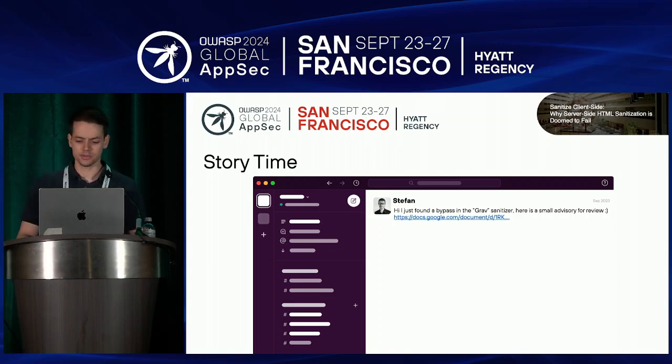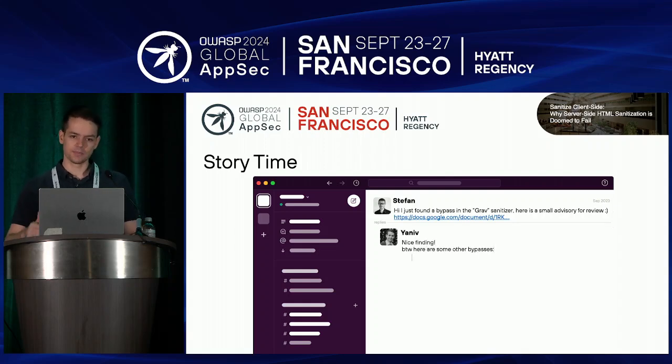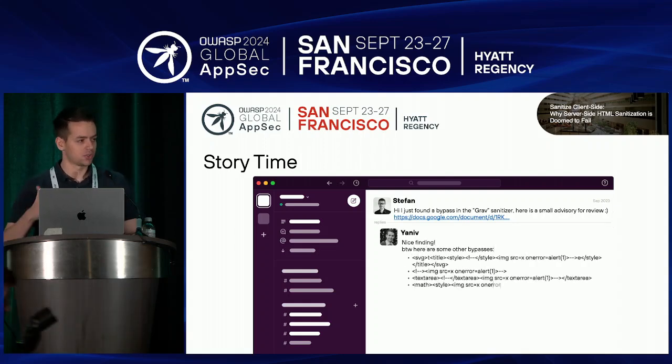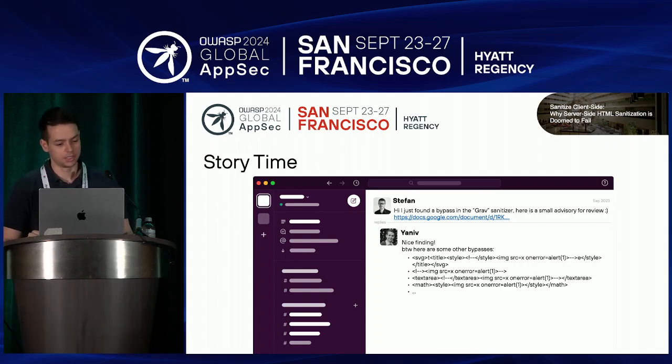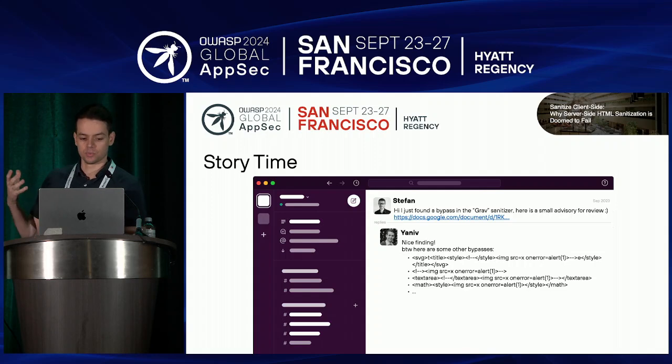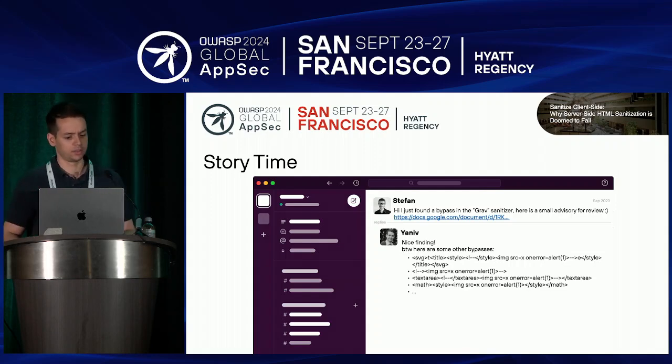And after a couple of minutes, I sent this message saying, hey, nice findings, but by the way, here are some other bypasses, and just dumped a bunch of other payloads. There could be someone here who is highly familiar with HTML and can already spot the core issue. If you do, kudos to you, because at the time, I did not know that there was one core issue here. And in fact, it was different from what Stefan found.